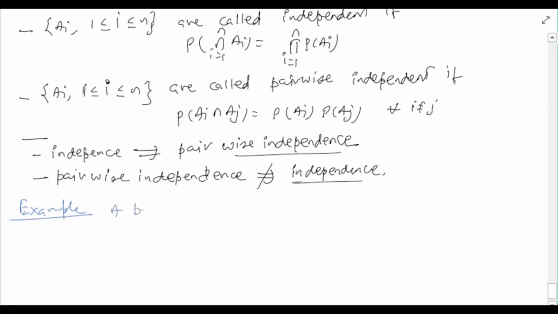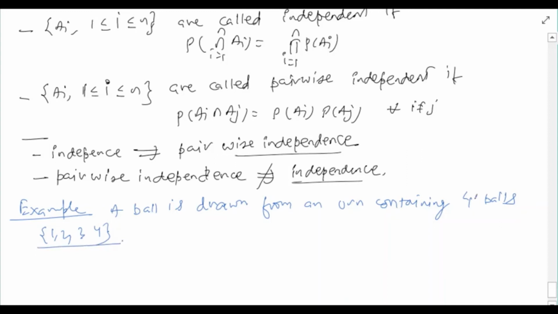Suppose a ball is drawn from an urn containing 4 balls. Those balls are numbered 1, 2, 3, 4. So 4 numbered balls.